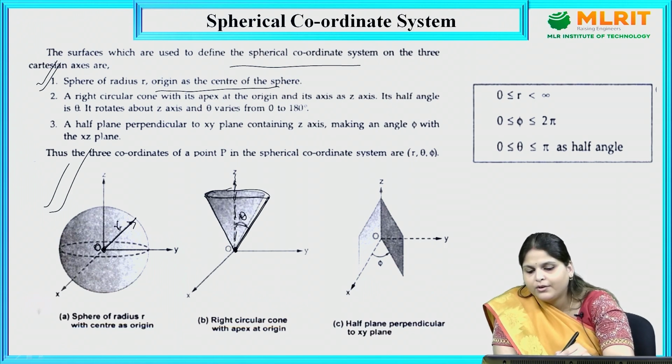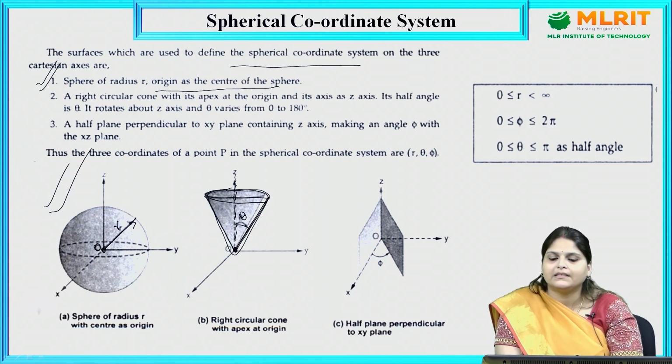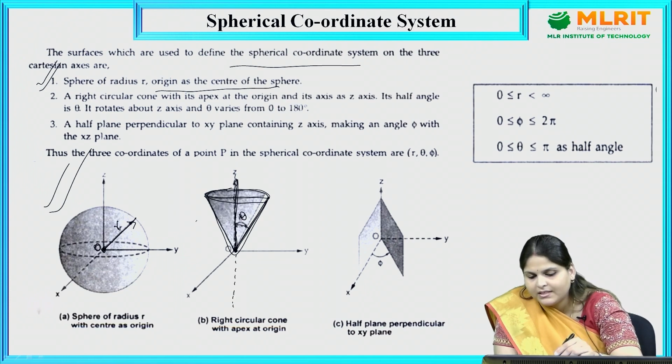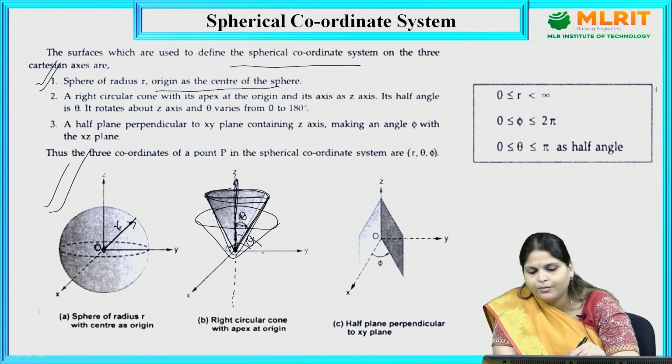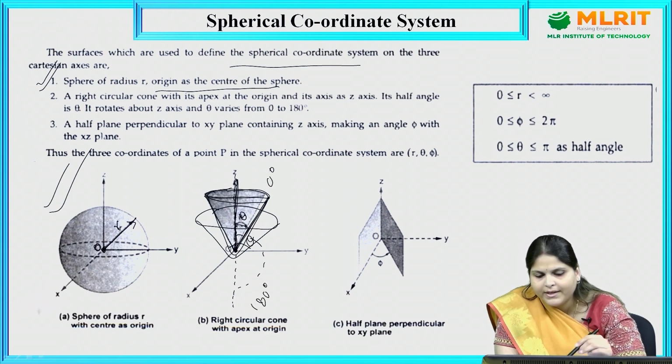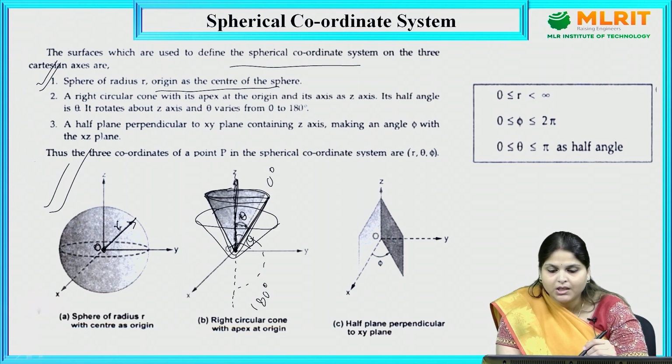That is why it forms a cone. As I said, it starts from the z axis, so this angle would change and it can go up to this point, meaning it can start from 0 and go up to 180 degrees. So if we talk about the range of this angle, it will be from 0 to pi.